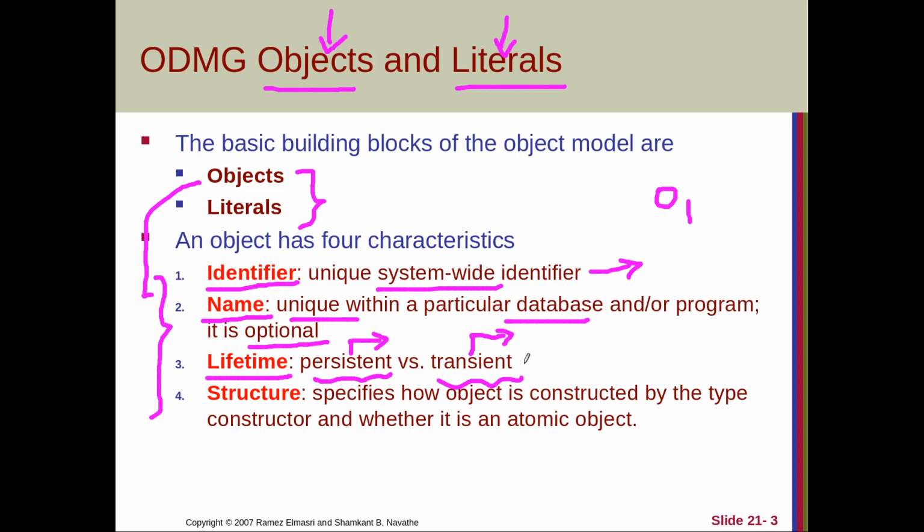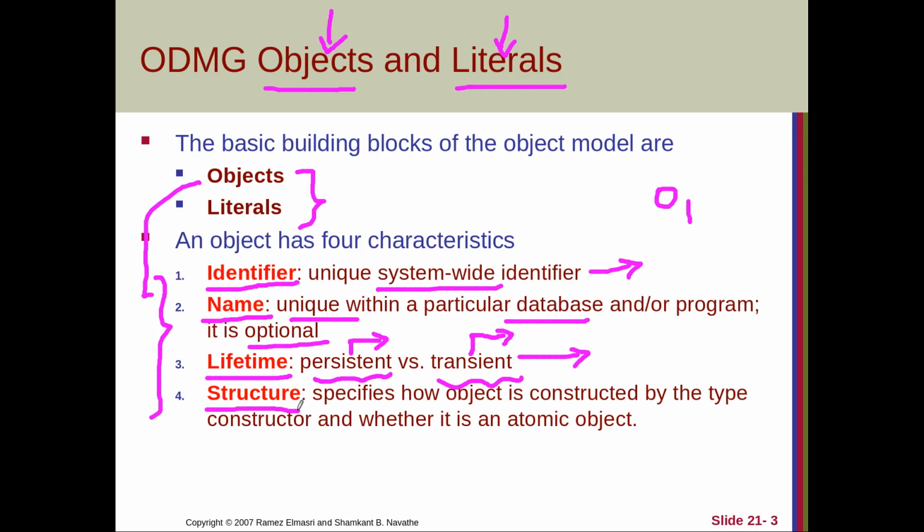So we are not permanently storing the object in the case of a transient object, but a persistent object will always remain there for future reference or for access to the object in the future also. That is another important characteristic of an object.